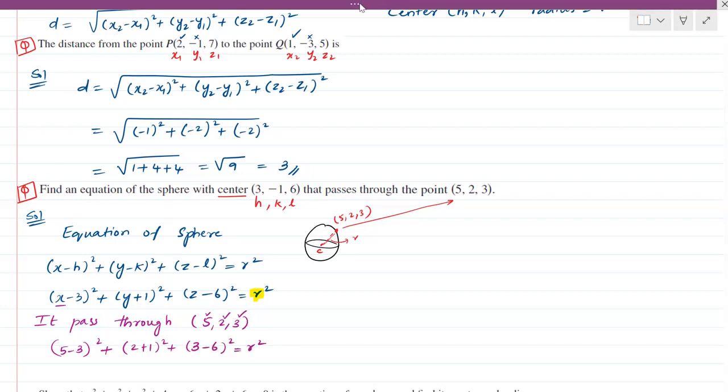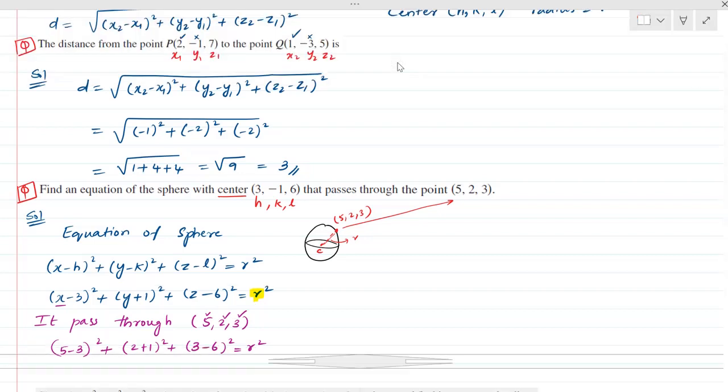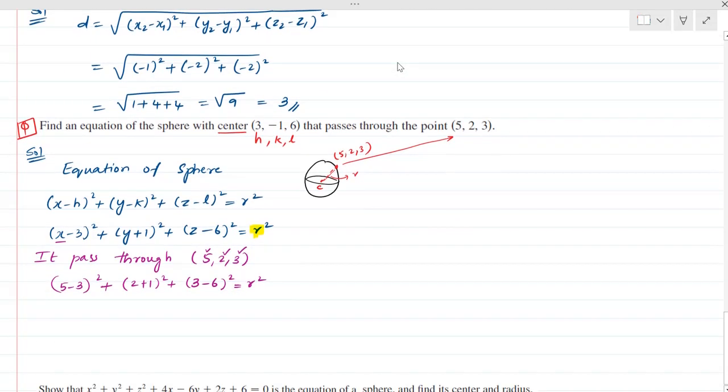So how will you calculate the r value here? It is minus 2 square plus 3 square plus minus 3 whole square equals r square. R square is 4 plus 9 plus 9, so r square equals 22.